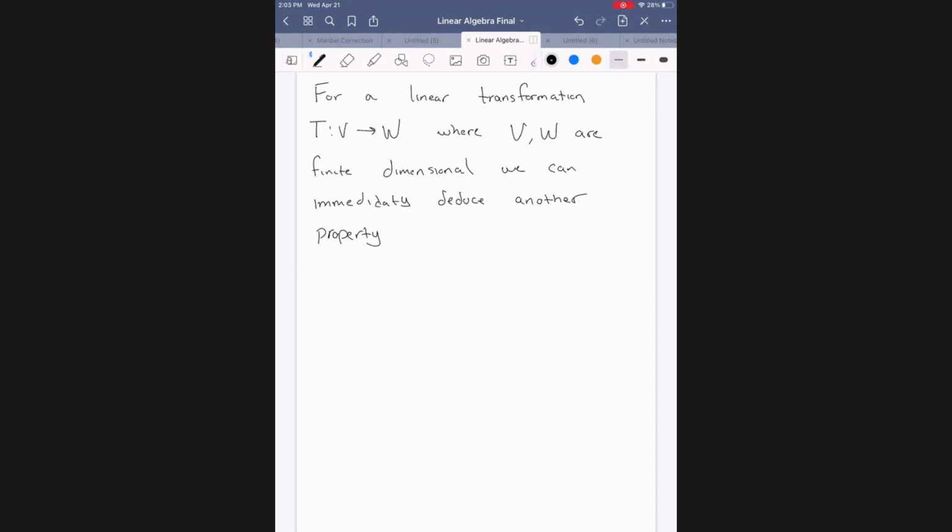So what does surjective mean? Well, let's say a definition.